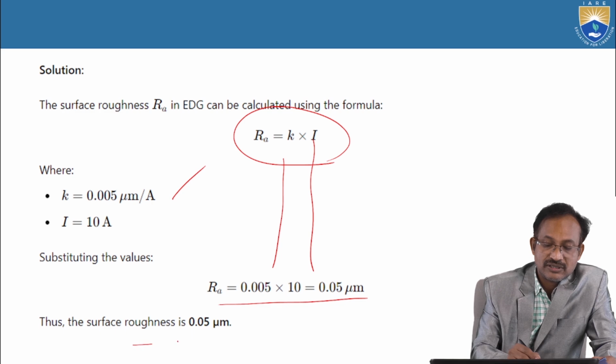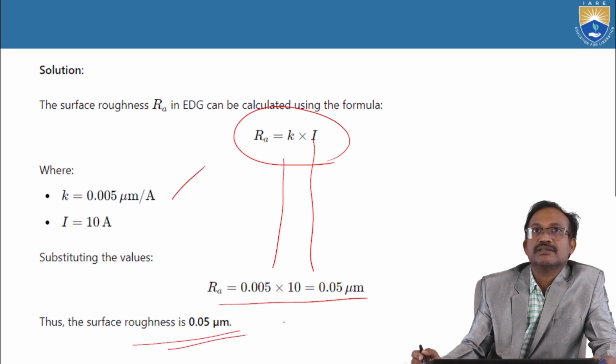Thus the surface roughness is 0.05 micrometers.